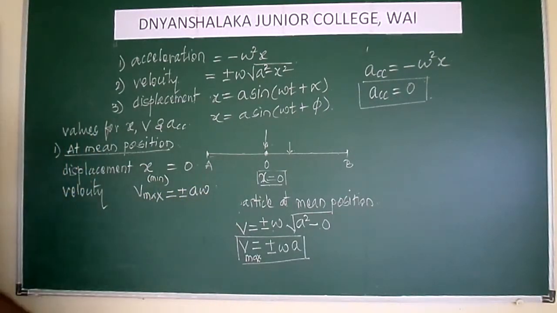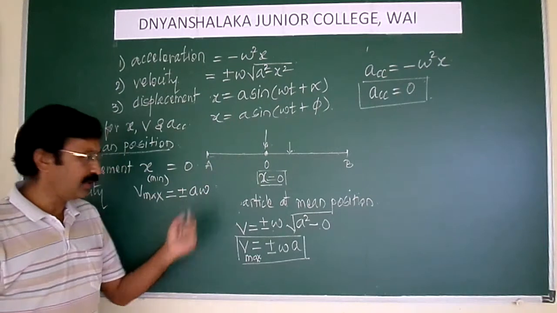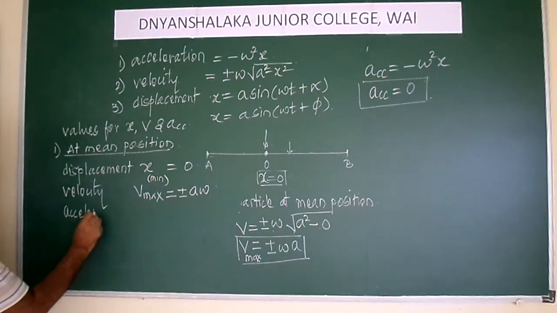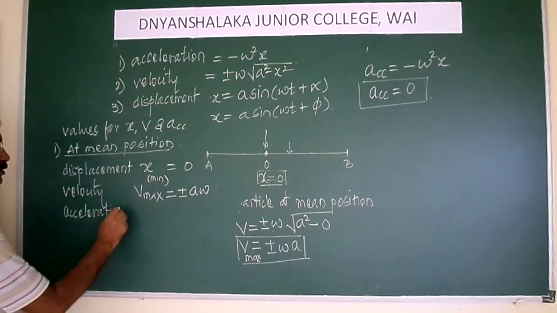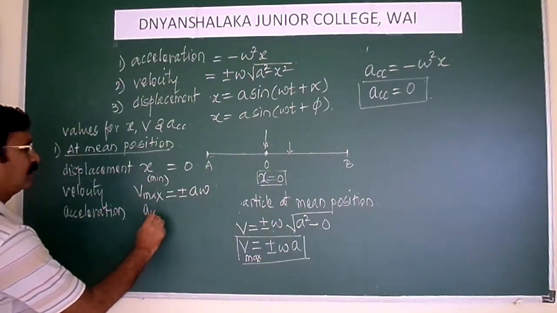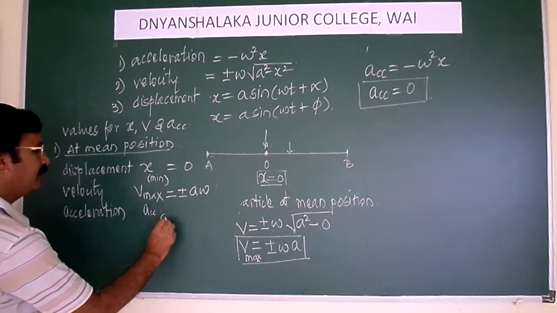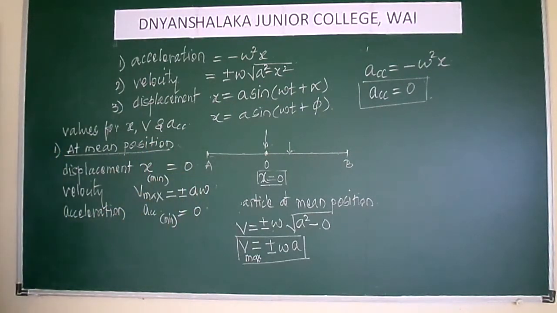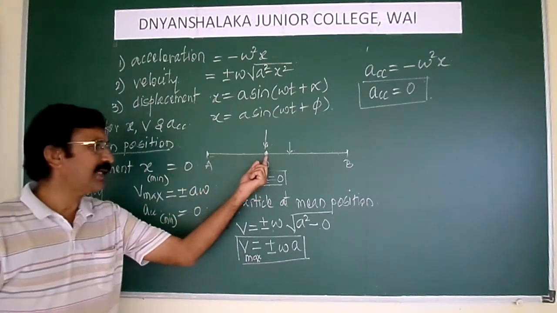A is the amplitude, omega is the angular velocity. Acceleration is minimum and it is equal to 0. So these are the conditions when the particle is at mean position.